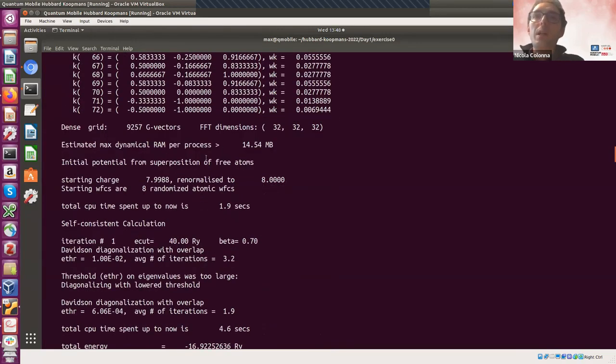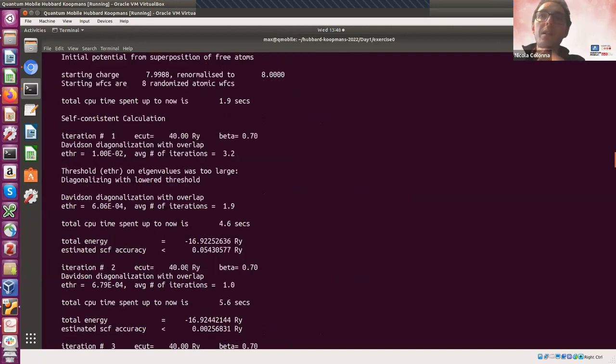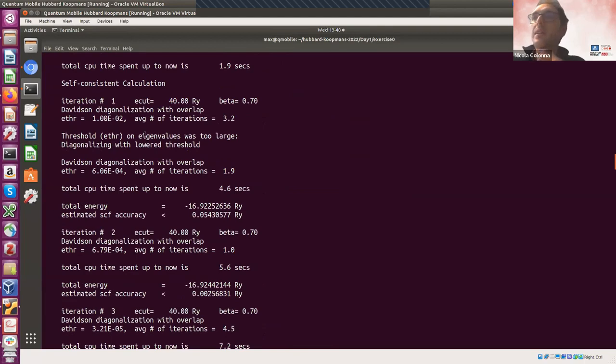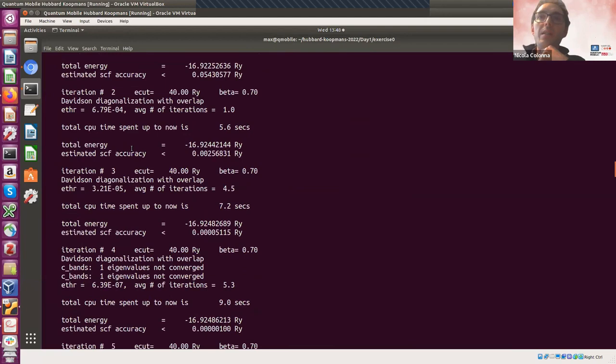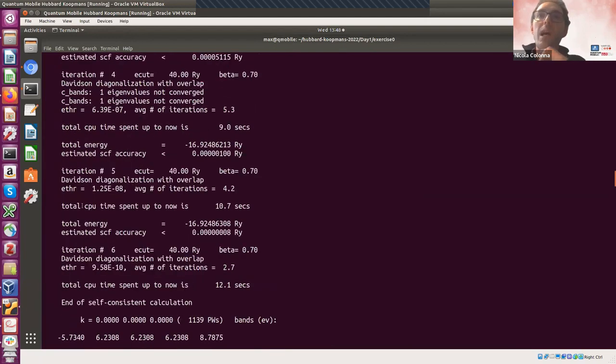Now let's go really to the SCF loop. Here you see different iterations, meaning that the self-consistent procedure is going on, and after, in this case, very few iterations, 6 iterations, you see something like end of self-consistent calculation, meaning that we reached the threshold we specified in input and the calculation is converged.